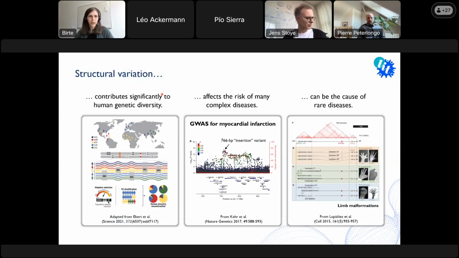Here I'm showing one example from my own research, a GWAS for myocardial infarction, where we identified a 766 base pair variant decreasing the risk for myocardial infarction, and an example from a human geneticist in Berlin, Stefan Mundlos, who's studying limb malformations at Charité and the Max Planck Institute, and he has described several deletion, inversion, and duplication variants that can cause these limb malformation phenotypes. So also in the context of disease, structure variants are super important and interesting.